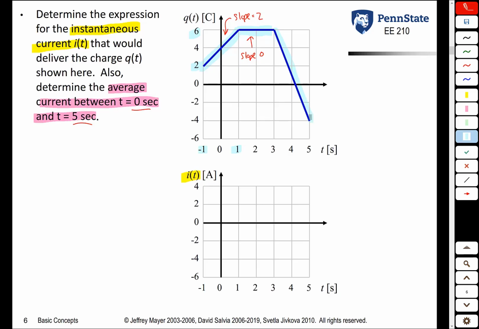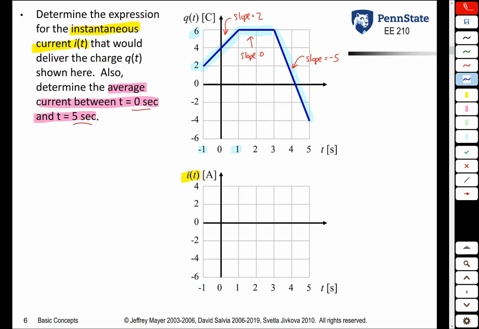And this line segment, let's see, it goes from 6 to -4, that's a change of 10, and it takes 2 seconds to do this, so this is going to have a slope of -5. So if we wanted to plot the instantaneous current, it is nothing more than the derivative, and the derivative of a straight line is just a number.